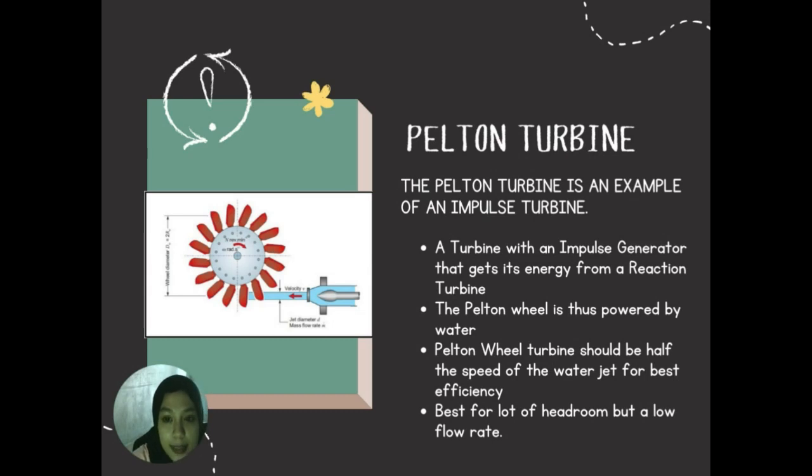So last but not least, we go through to the Pelton turbine, which is an example of an impulse turbine. A water jet or several water jets impact buckets on a turbine wheel, forcing it to spin. The impact of the water jet provides a force parallel to the buckets, which causes the wheel to turn, and as a result, the wheel creates energy as it turns.